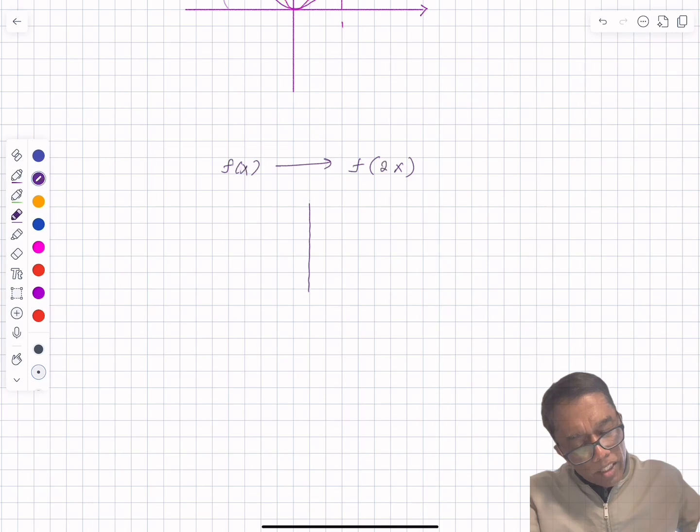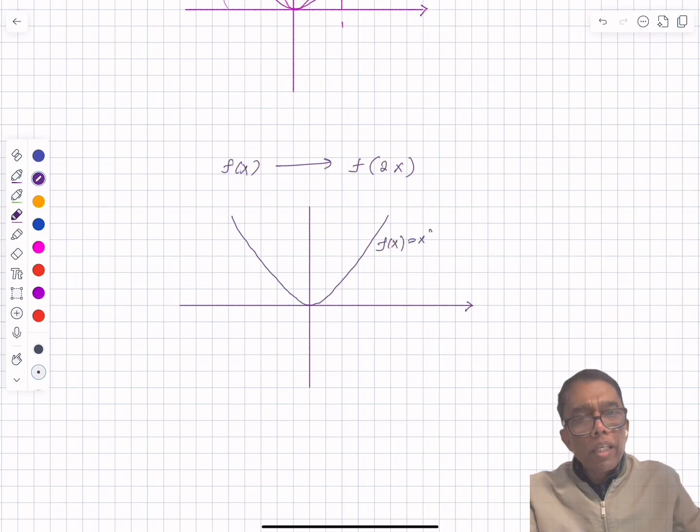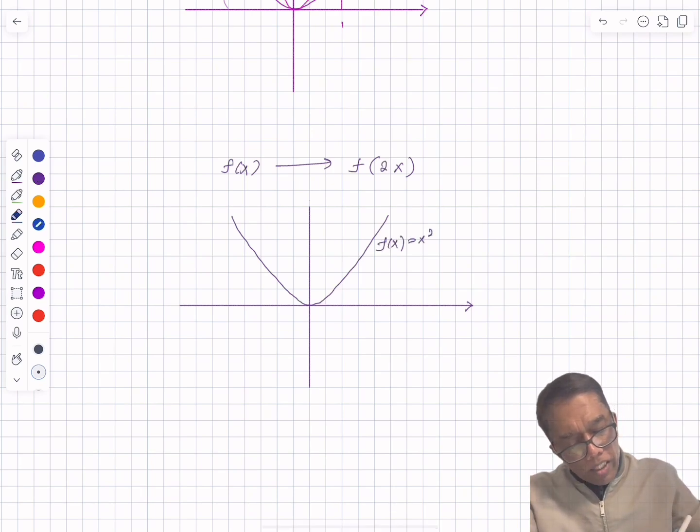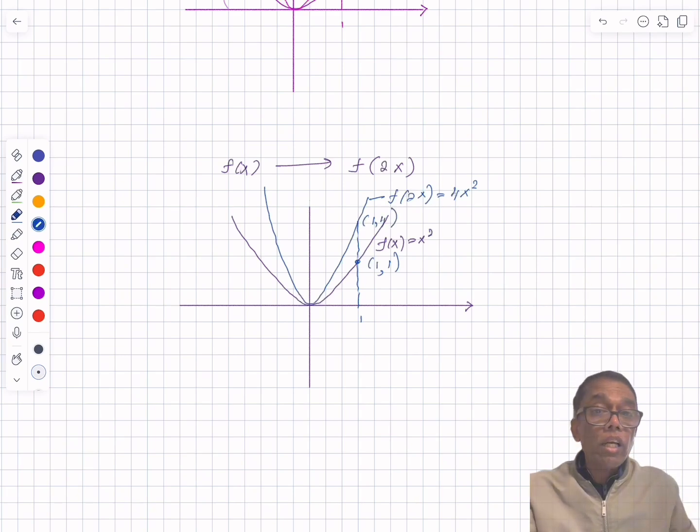I'll take f(x) = x², my parent graph, or f(2x). That means f(2x) means 4x². As an example, x is equal to 1. This is (1, 1) and this is (1, 4). It is a horizontal compression. The graph is horizontally compressed.